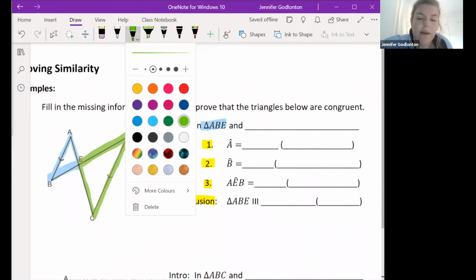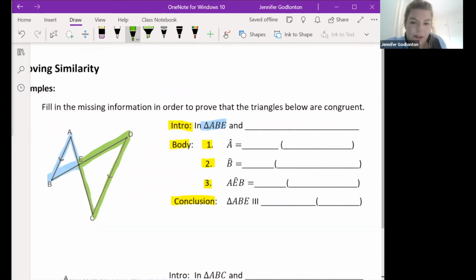In our first line, I'm saying in triangle ABE, which is my blue triangle, and triangle CDE. All I've done in that first line is say which triangles they are. That's it.